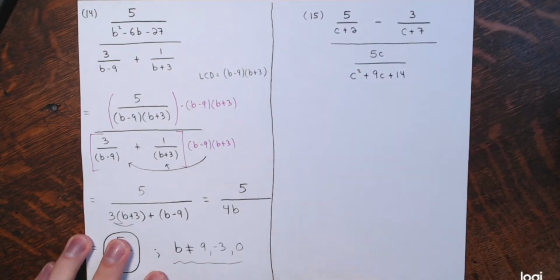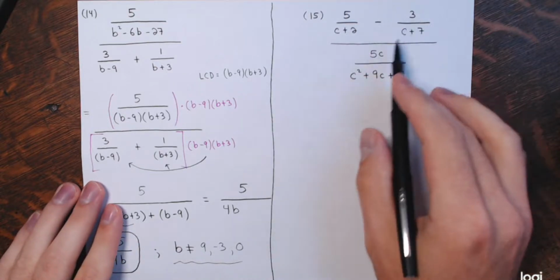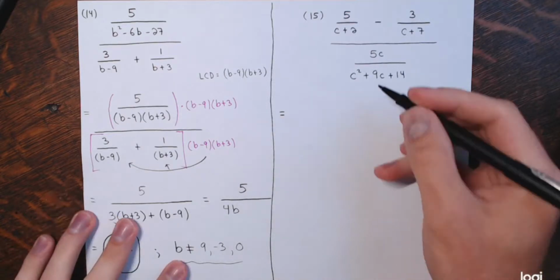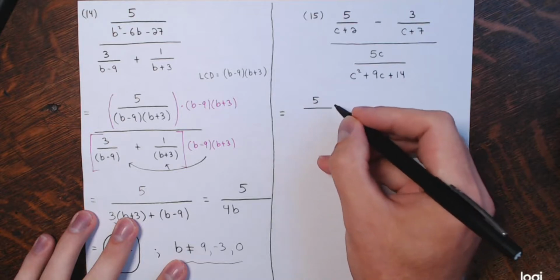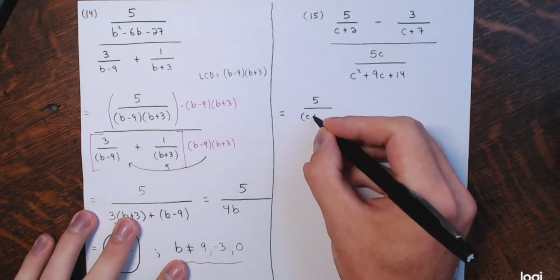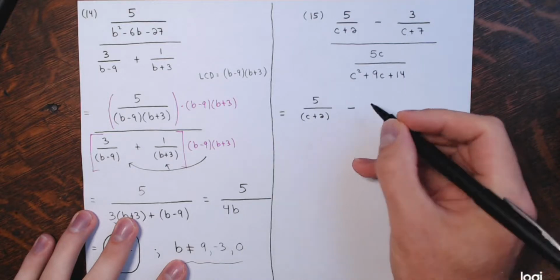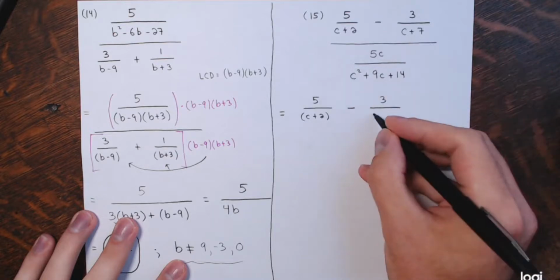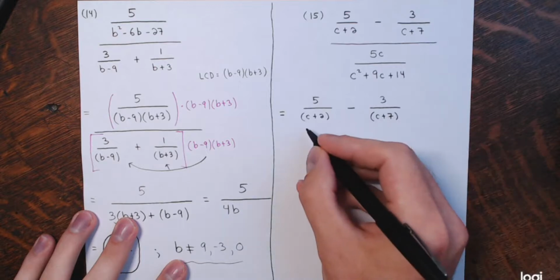Okay, example 15, not doing anything different. I'm going to rewrite it so that all the denominators of the fractions within the fraction are factored. So this is 5 over c plus 2, which is as factored as that gets, minus 3 over c plus 7, which is as factored as that denominator will get.